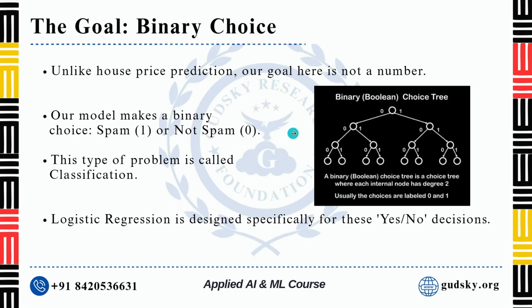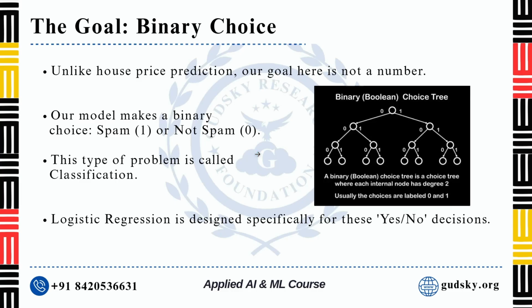When we predicted house prices, the answer was a number like $4,500 and so on. But with a spam filter, the answer is a simple choice. We call this classification.